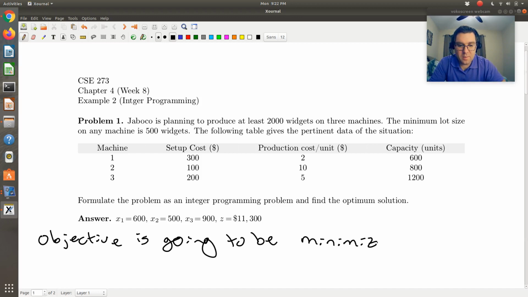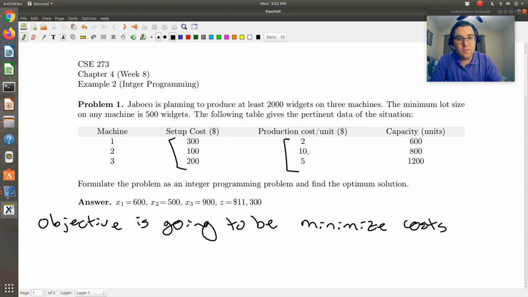And what are our costs composed of? Our costs are going to be composed of our production costs on a per unit basis, but our costs will also be made up of the setup cost of each machine. So if we're going to make widgets on machine 1, there's going to be a fixed cost of setting up that machine, and then we'll incur a per unit cost for each unit produced on that machine.